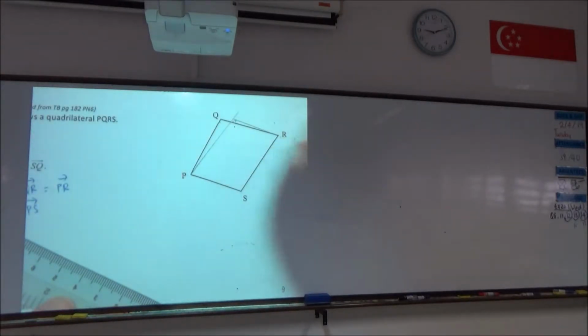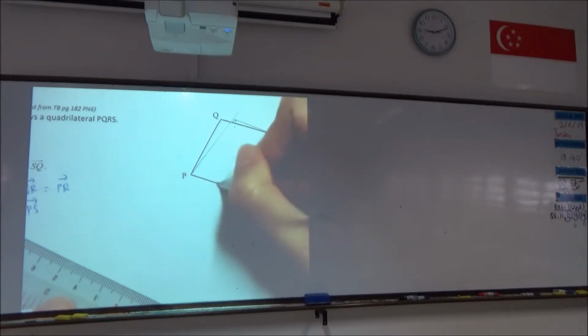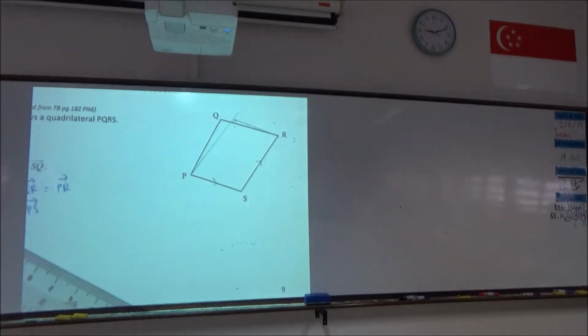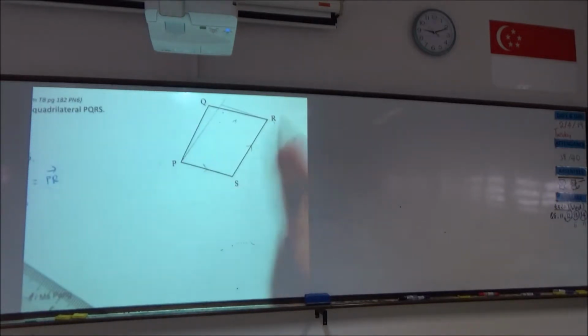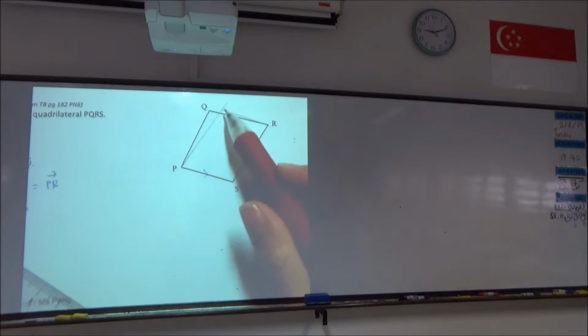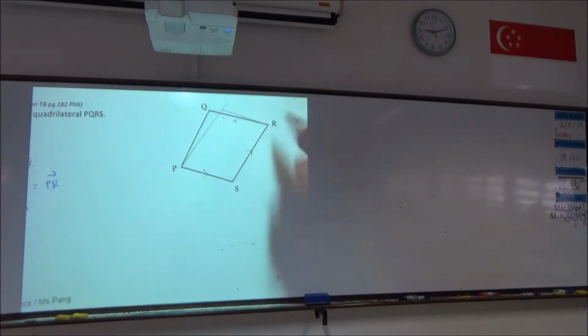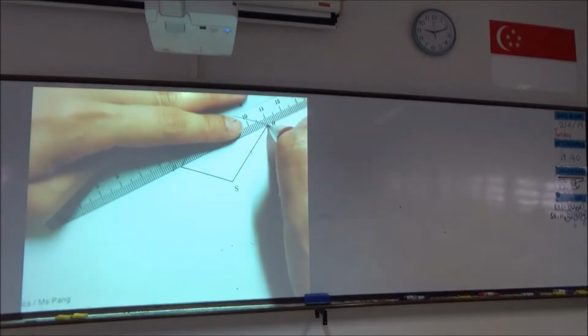SR is this one, and PS is this one over here. Either you can draw a parallelogram or you can draw a triangle. You can find that the resultant vector is going to give you this.